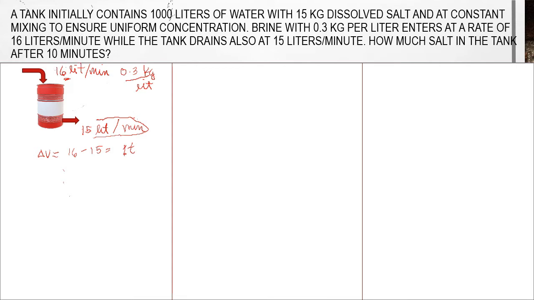So 17 minus 15 becomes 2t. You must be clear with that. Otherwise, if the input is 16 while the output is 20, it has reversed. So this is 16 minus 20, and we have negative 4t.